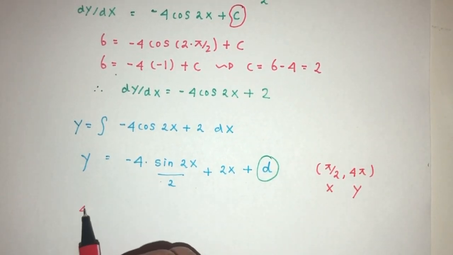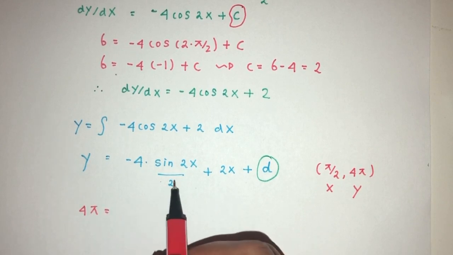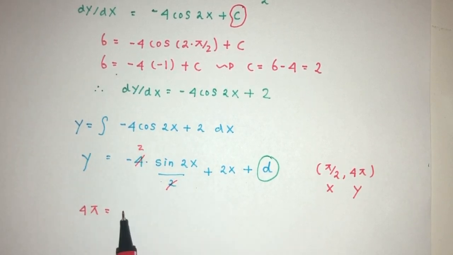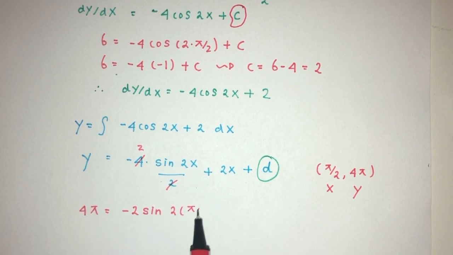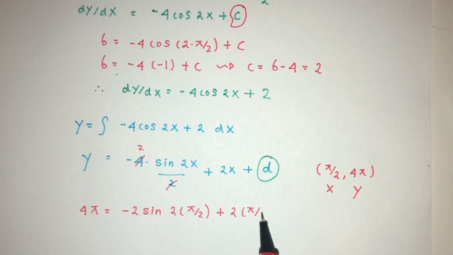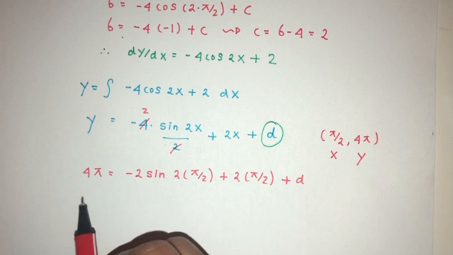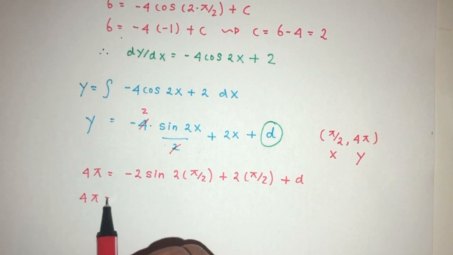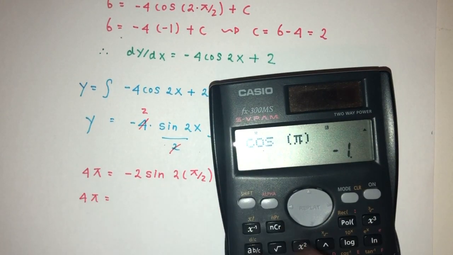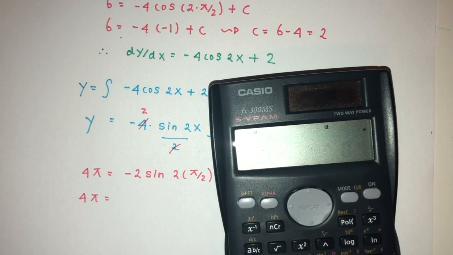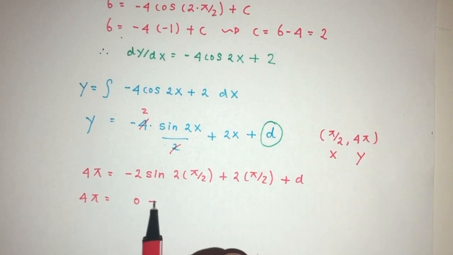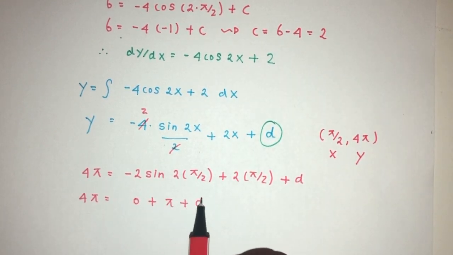So y was 4 pi is minus 2 sine of 2x plus 2x plus d. Now simplify. 4 pi has to be, so what is this value? So sine of pi is what? It is 0. So that will be 0 plus pi plus d.